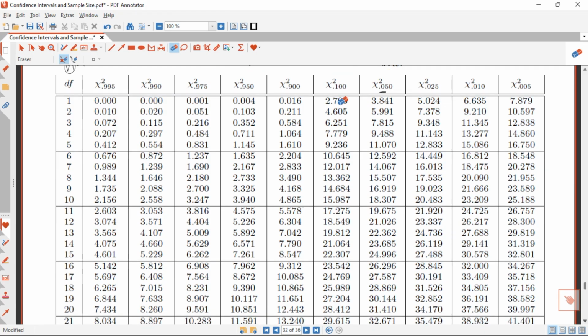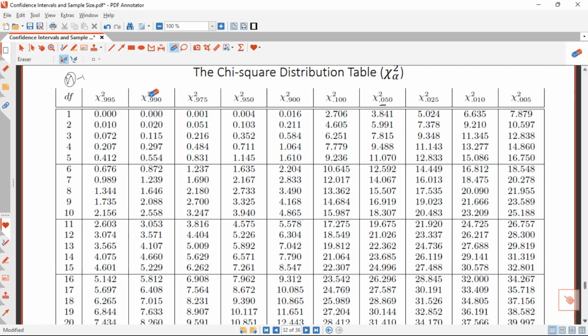So this is how the distribution goes. You just calculate your alpha, and then trace the chi-square alpha along your degrees of freedom to get your critical value from this table.